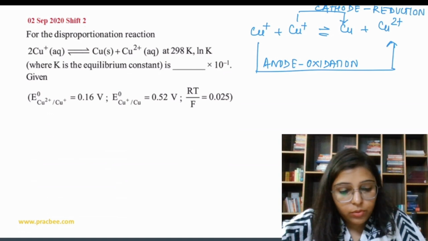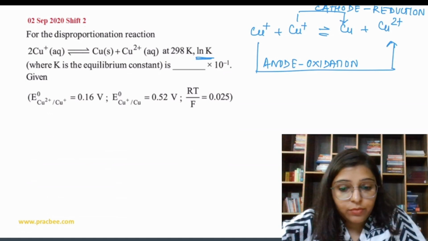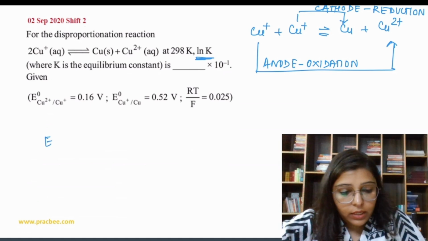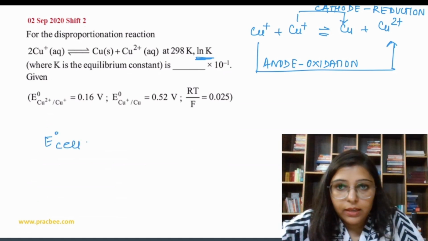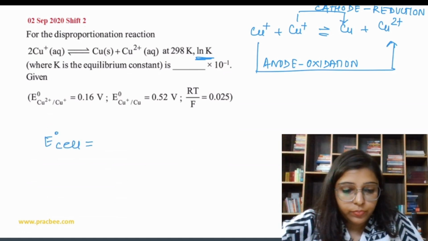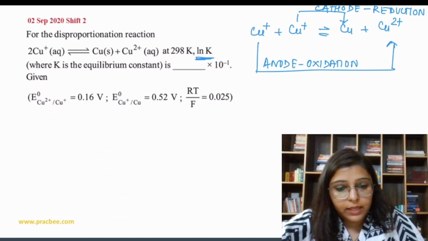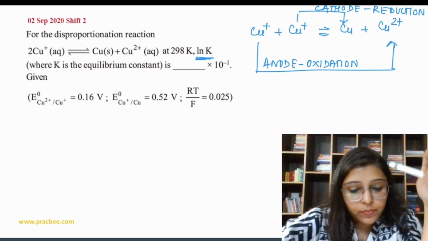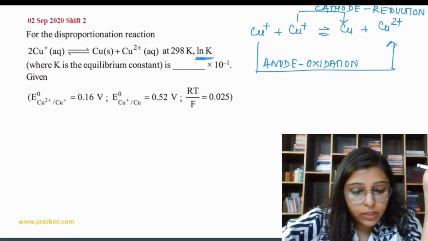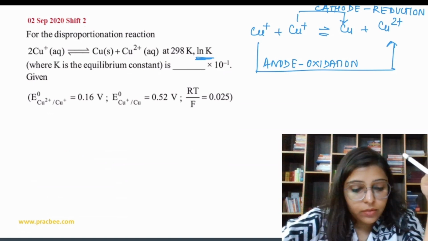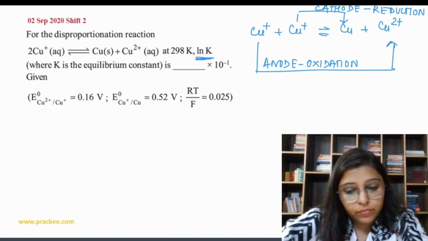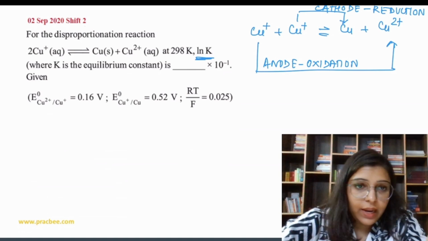Now what to do? We have to find out the value of ln K, where K is the equilibrium constant. So how to find out the value of ln K?